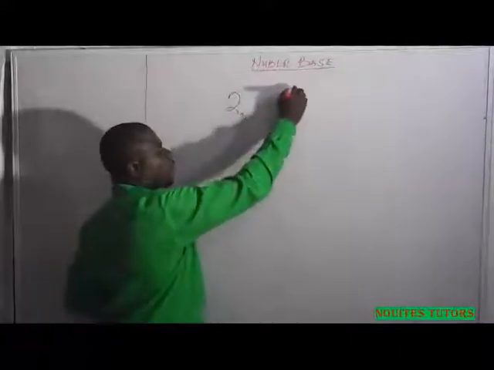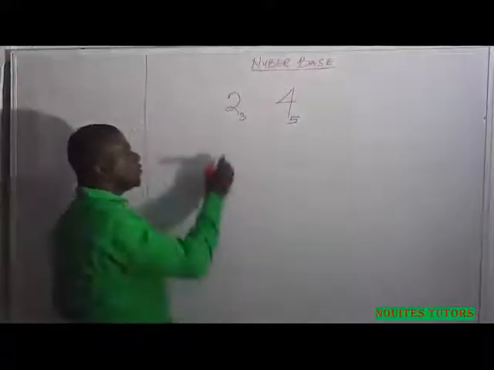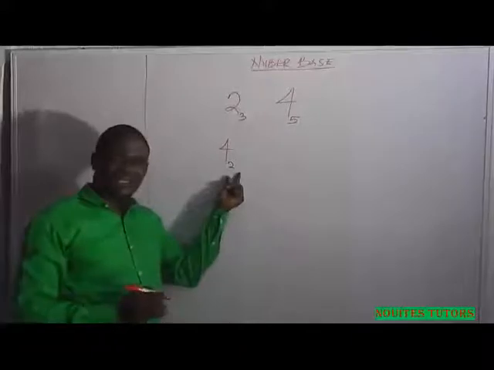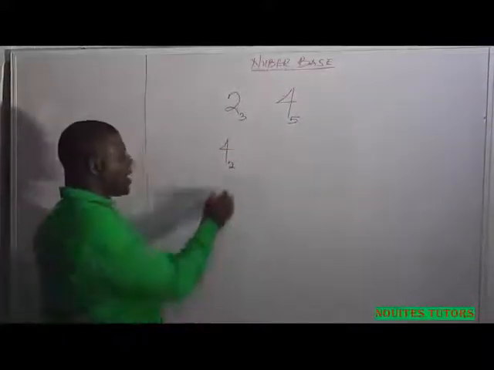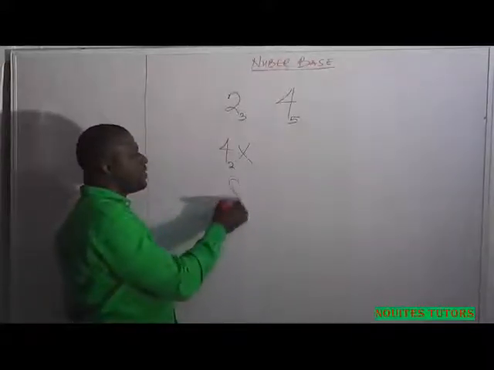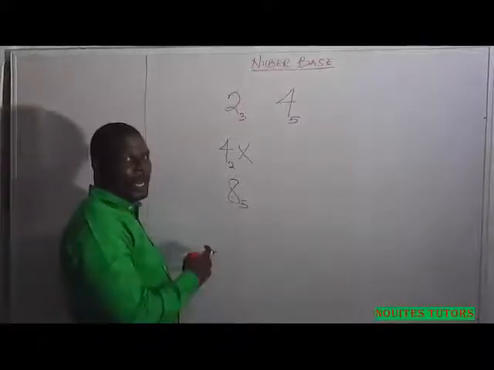If I write 4 base 5, it means you can't have 4 base 2. The base cannot be smaller than the number. So this one is not possible. You can't have 4 base 2. You can't have 8 base 5 because the base is smaller.